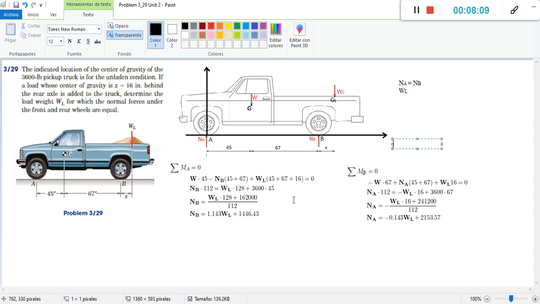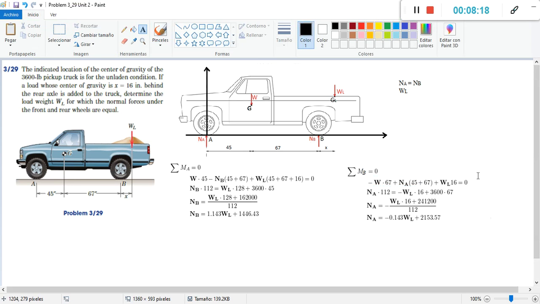So we can write the equation in terms of NA. So we can pass the weight, this part, the W times 67 and the WL times 16, to the right. So for that we have NA times 112 equal to minus weight load times 16 plus the weight, which is 3,600 times 67.